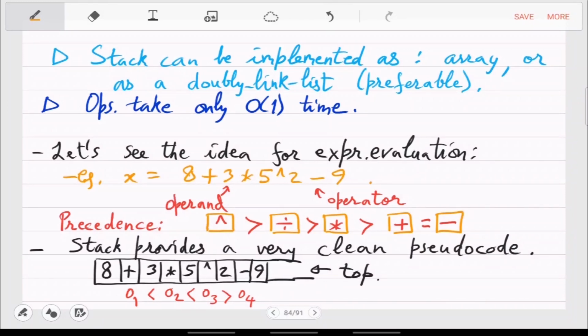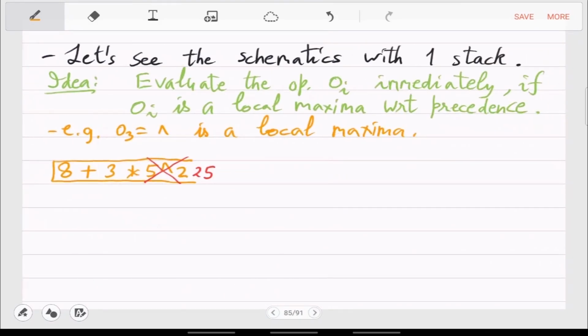Then you can pop these 2, 3 elements from the top and get to the picture where I have calculated 25. So that is possible. You just have to pop the last 2, 3 numbers or symbols. So when you decide that the wedge has to be calculated immediately, you pop out 2, wedge, 5 and push 25.